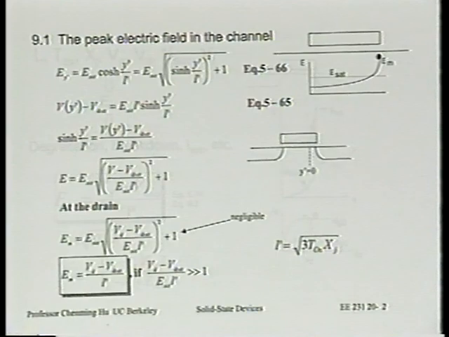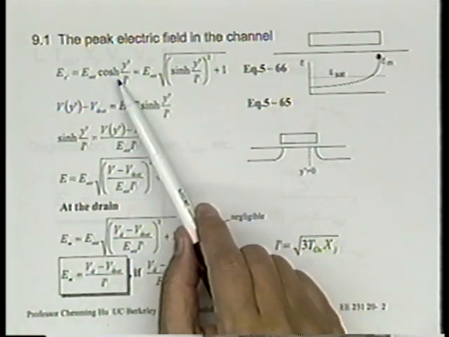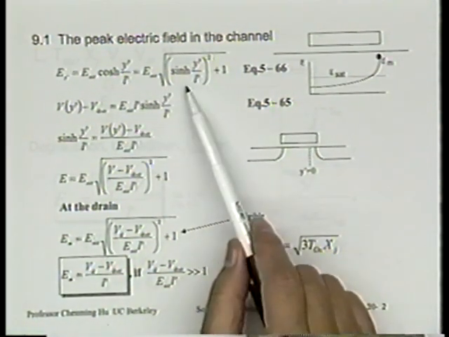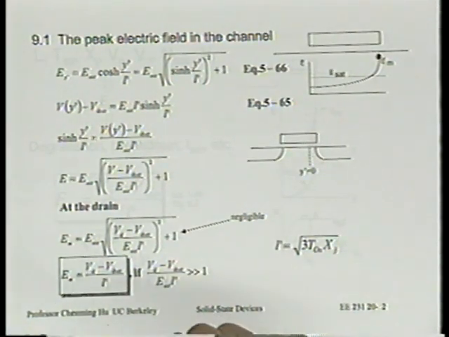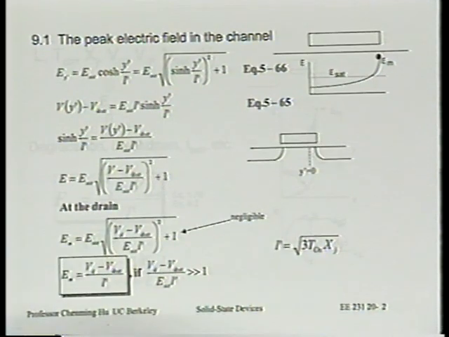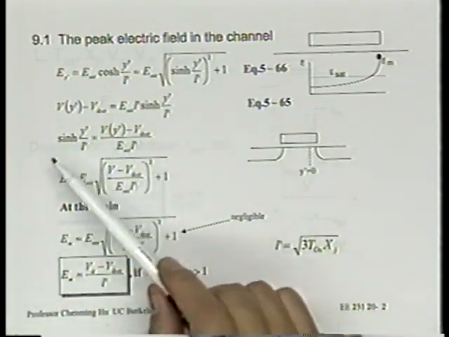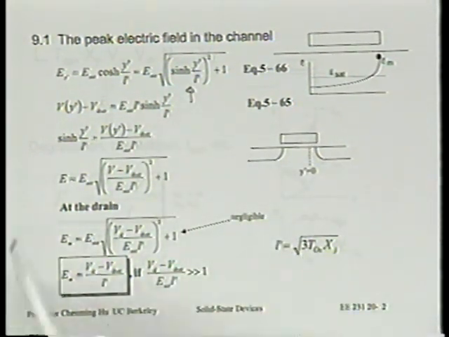Now, it turns out we can rewrite hyperbolic cosine as the square root of hyperbolic sine squared plus 1. That's the mathematical identity relationship between hyperbolic cosine and hyperbolic sine, right?